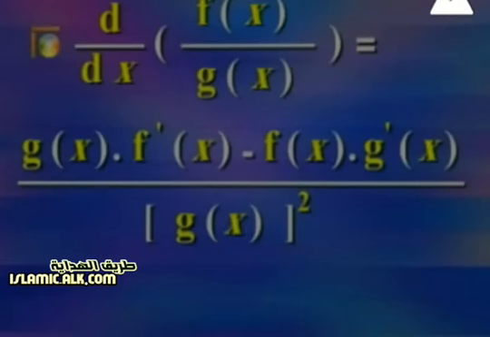And the numerator starts from g of x times differentiation of the numerator minus the numerator f of x times differentiation of the denominator.